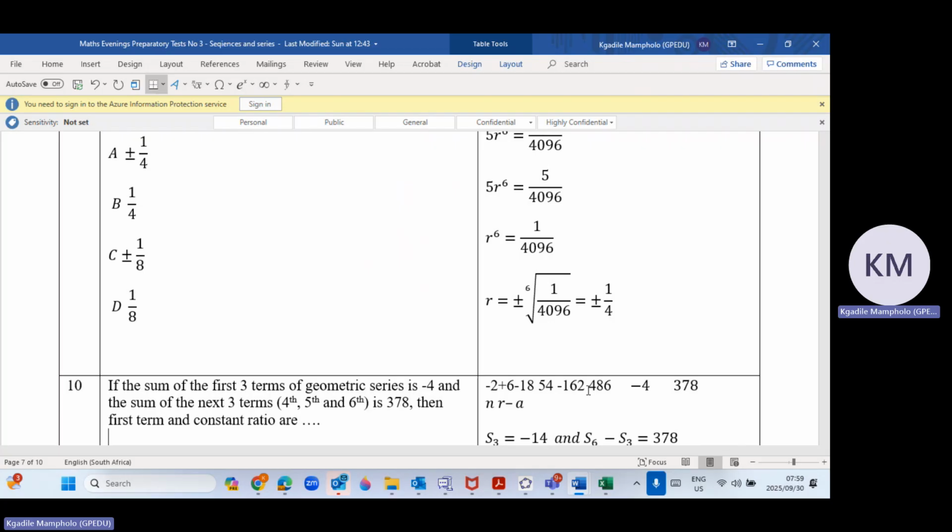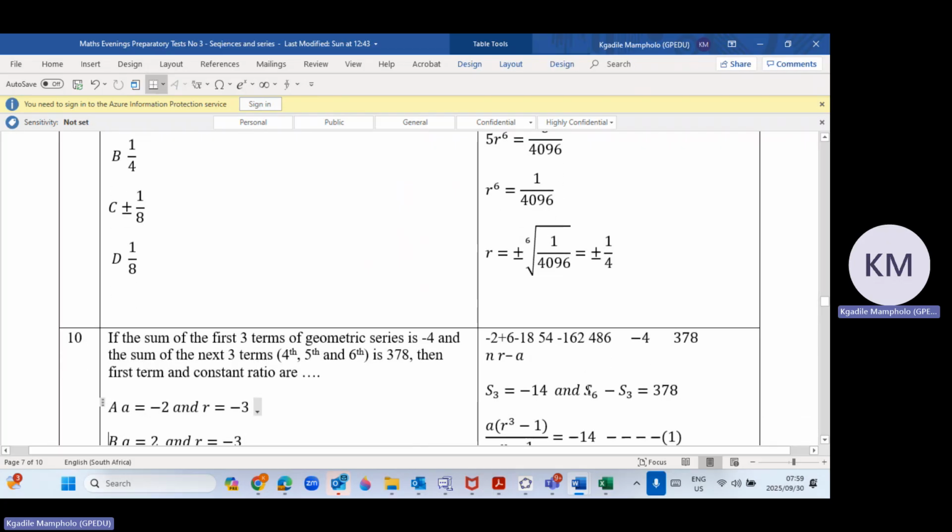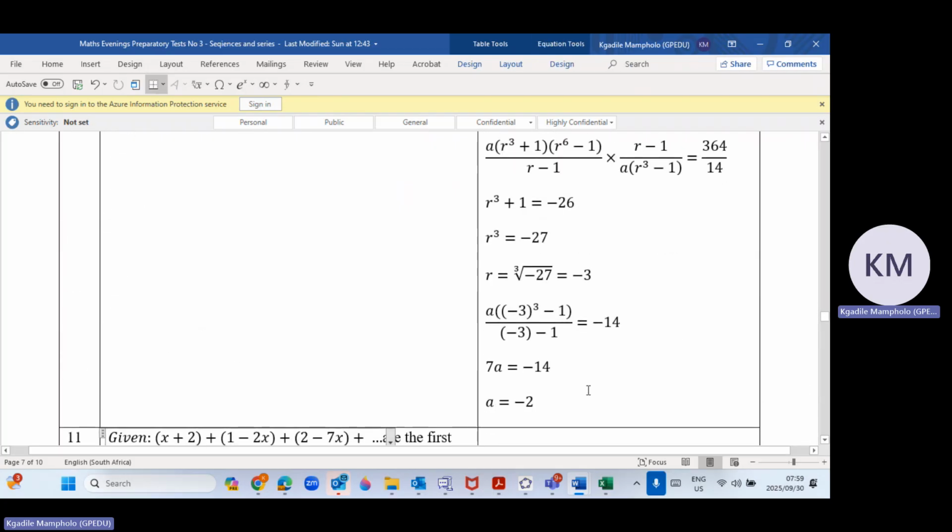So you only say plus or minus when you are calculating r given the term and the exponent is an even number, when you are making r the subject of the formula. If the sum, let me go back here.